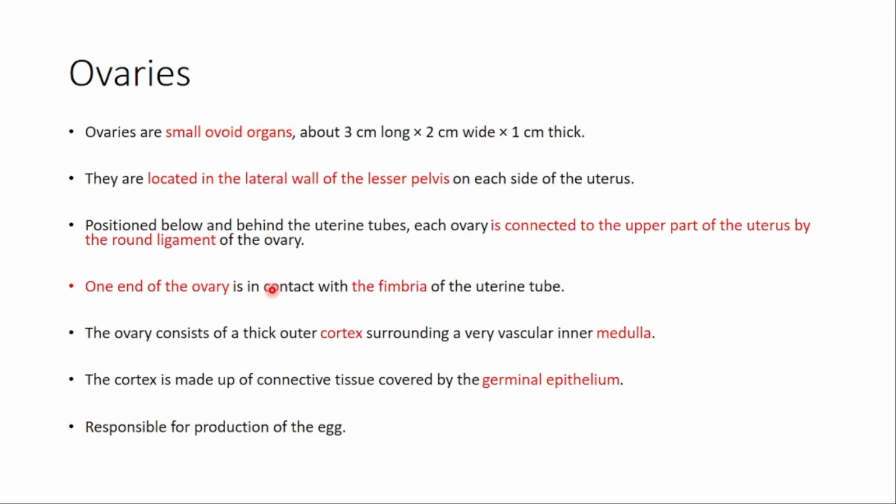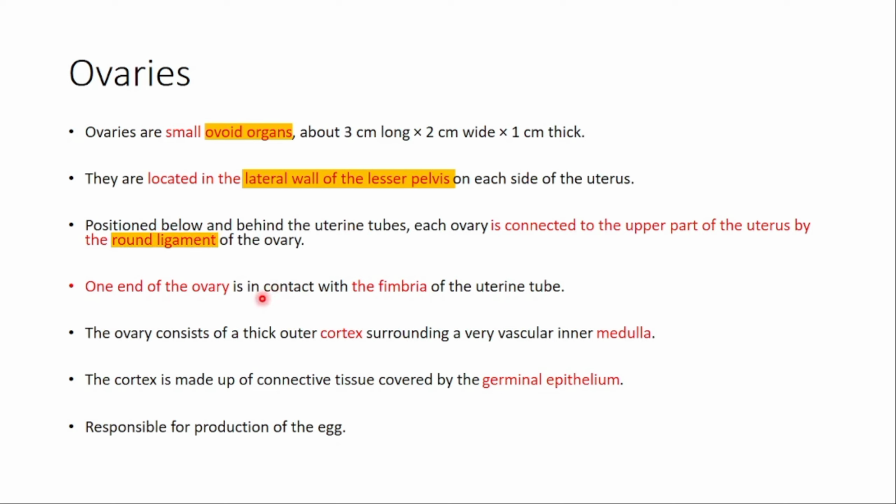The ovaries, however, are small ovoid organs about 3 centimeters long, 2 centimeters wide, and 1 centimeter thick, and they are located in the lateral wall of the lesser pelvis on each side of the uterus. They are also positioned below and behind the uterine tubes, and each of them is connected to the upper part of the uterus by the round ligament, as we saw earlier.